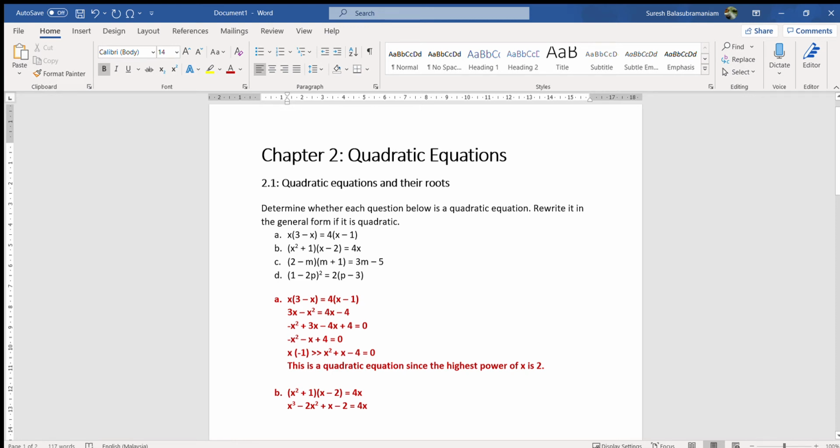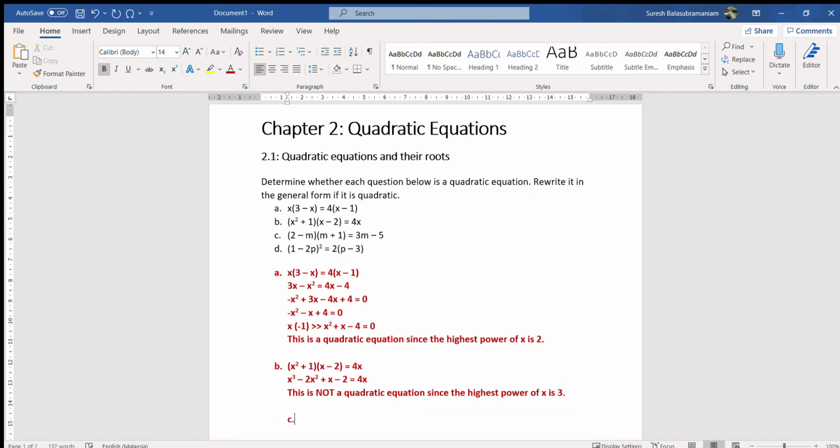Therefore I can just write that this is not a quadratic equation, since the highest power of x is 3.